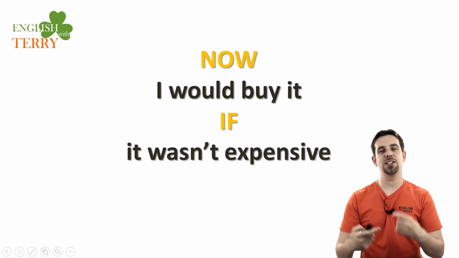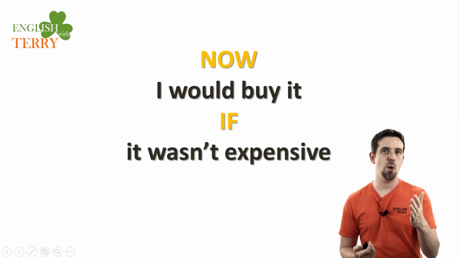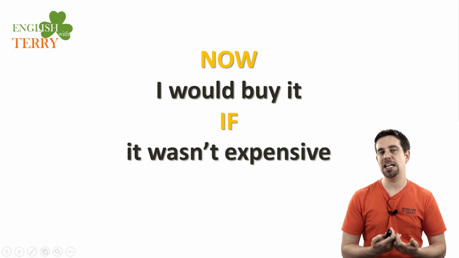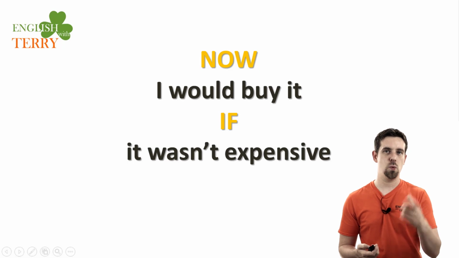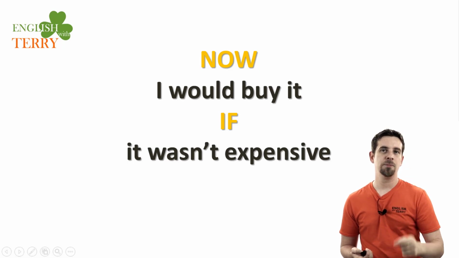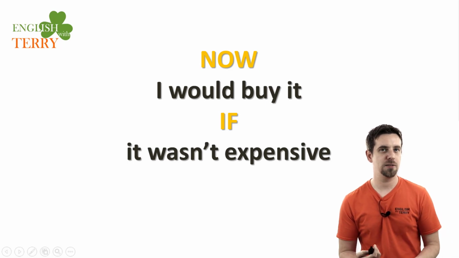When we talk about this sentence, this talks about now. As in, I would buy it, as in now or in the future. I would buy it if it wasn't expensive. Now it's curious in English that we can use the wasn't, the past tense, to talk about something now. So I would buy it if it wasn't expensive.